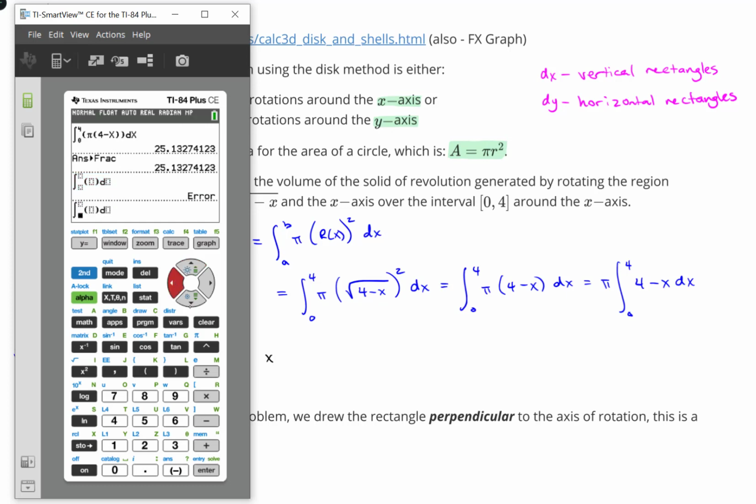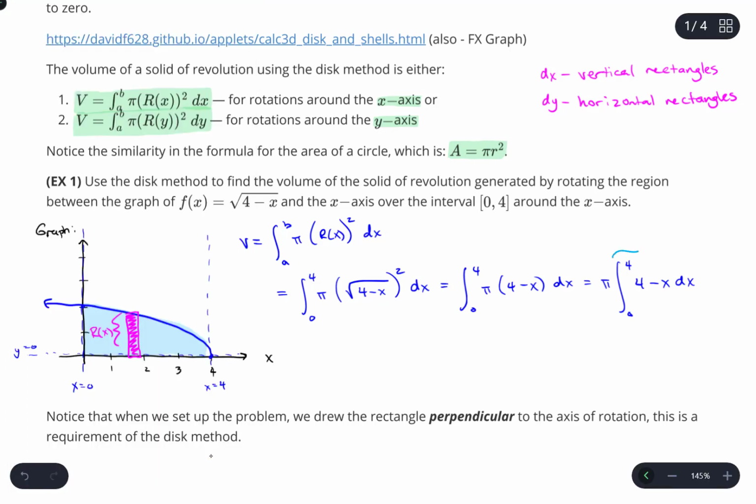Okay. So I'm integrating from 0 to 4 of now just 4 minus x dx. All right. And that actually gets me a whole number, so that's fine. All right, so all of this then is equal to 8.